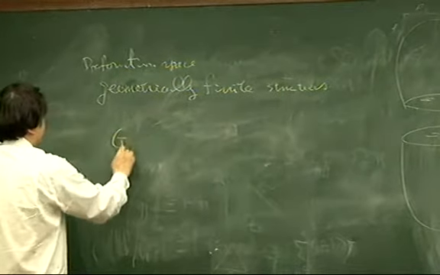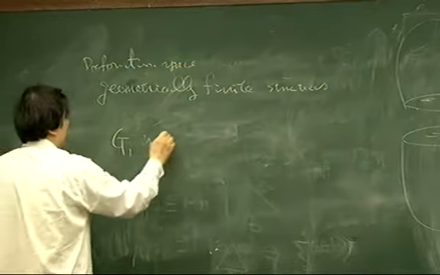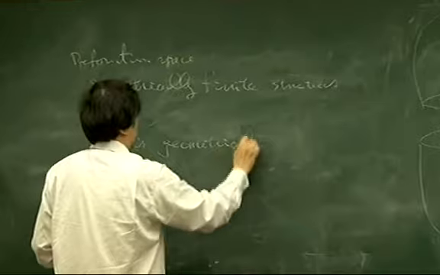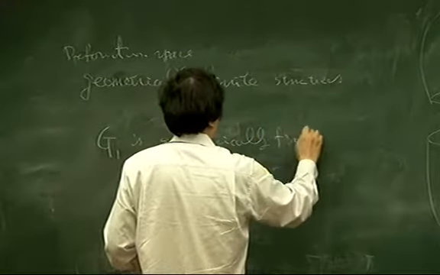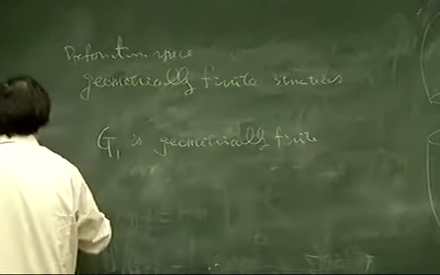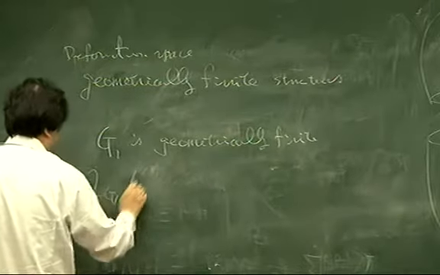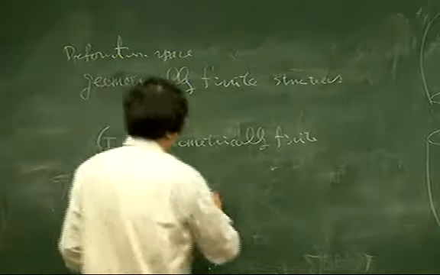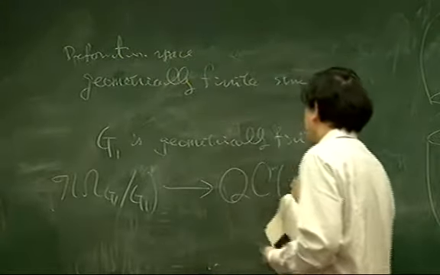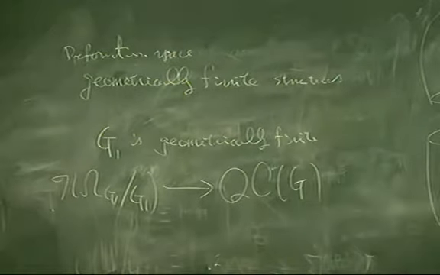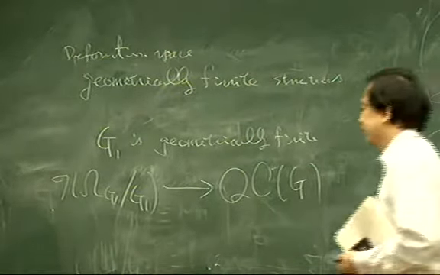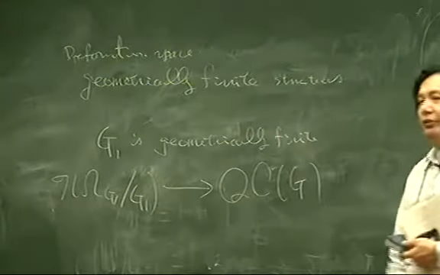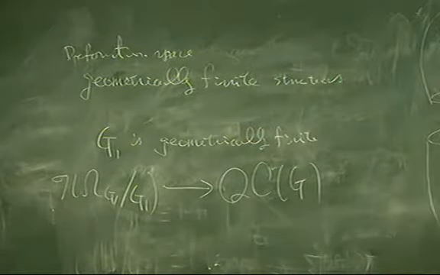So suppose G1 is geometrically finite. Then there is a map from the quotient of the domain of discontinuity to the space of quasi-conformal deformation of G. So the special case when G is Fuchsian was dealt with yesterday.